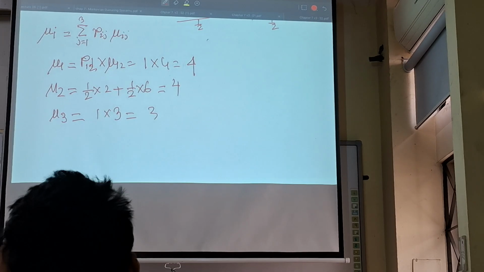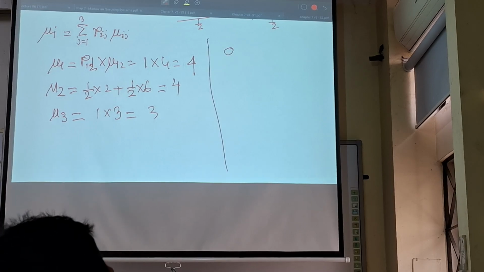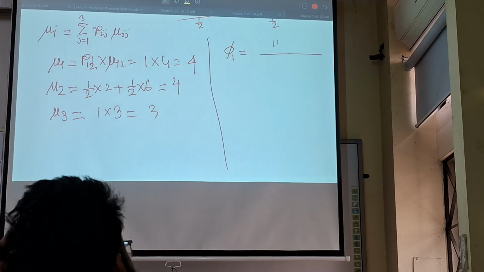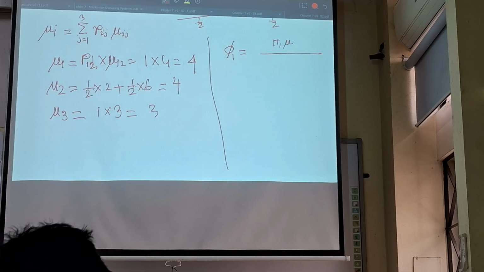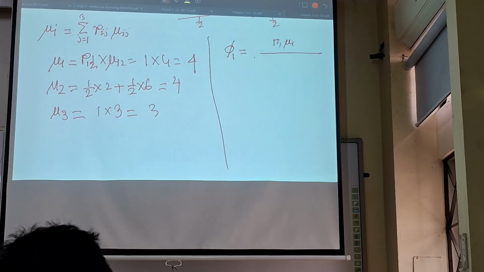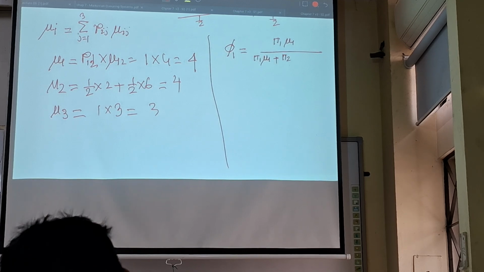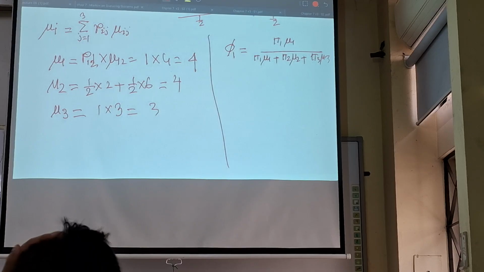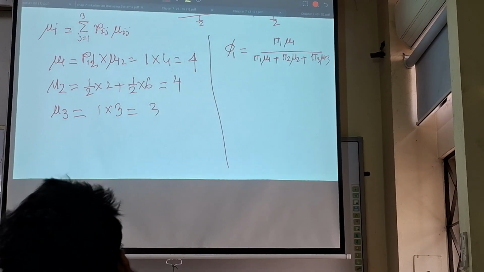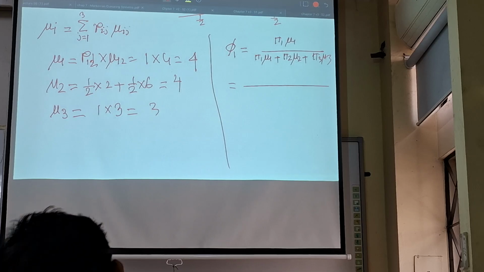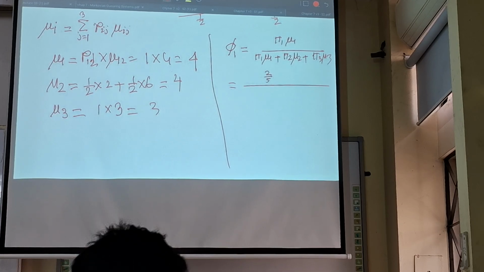Then the next remaining thing is phi 1. Phi 1 is what? Phi 1 is pi 1 mu 1 divided by pi 1 mu 1 plus pi 2 mu 2 plus pi 3 mu 3. Right? And what are the values? Pi 1 is 2 by 5, mu 1 is 4.